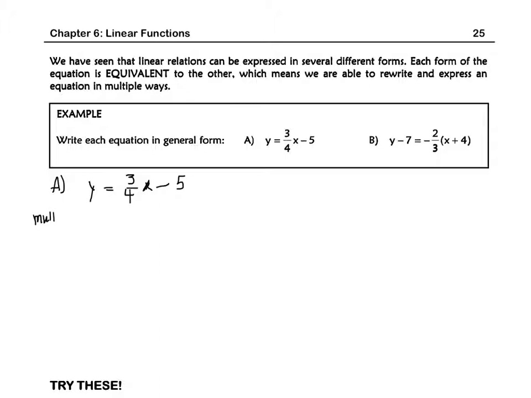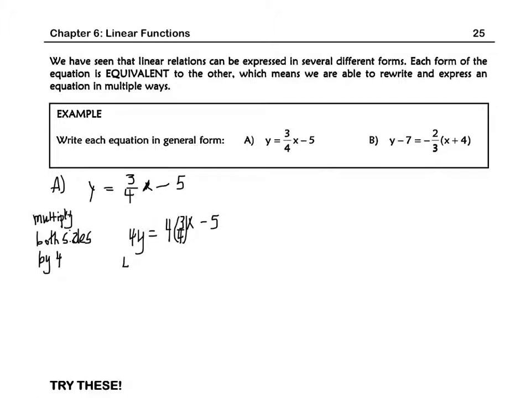So multiply both sides by 4. That would give you 4y equals 4 outside of 3/4 x minus 5.